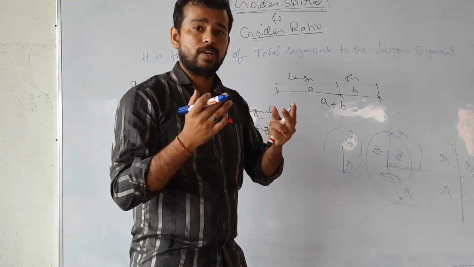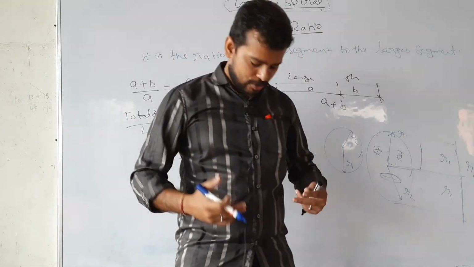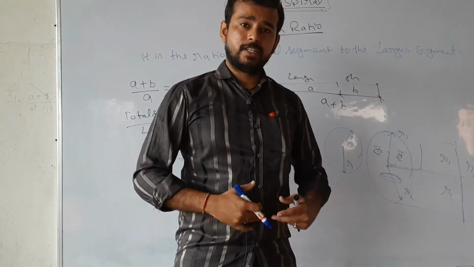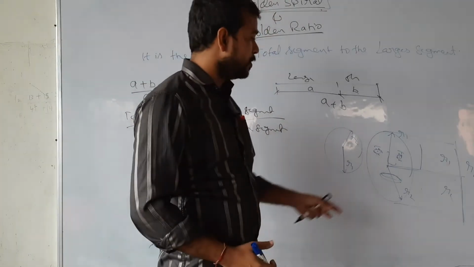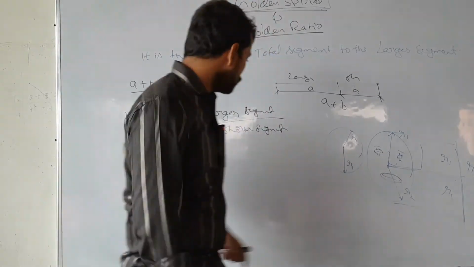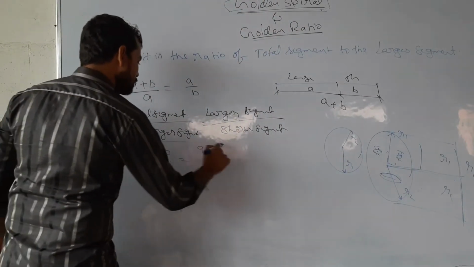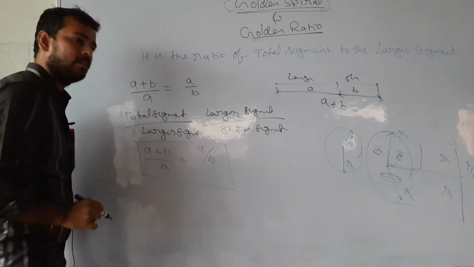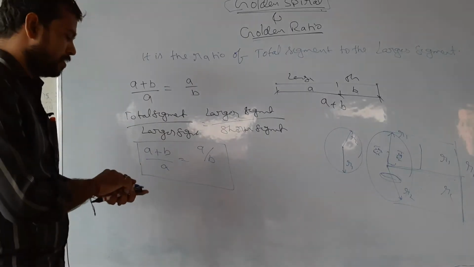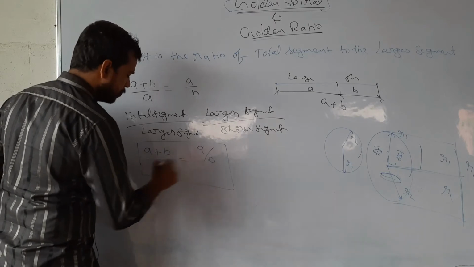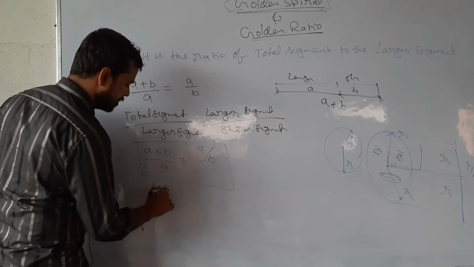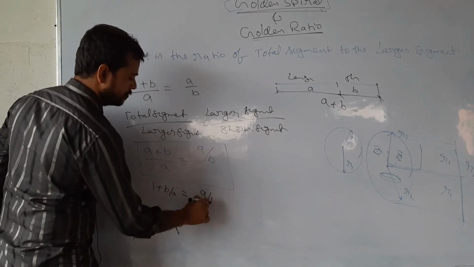Our face, and our total height, even if you consider from the middle point, follows the same rule. It's not equal. So all these things follow this equation. So what is this equation? Let me tell you. A plus B by A, so 1 plus B by A is equal to A by B.